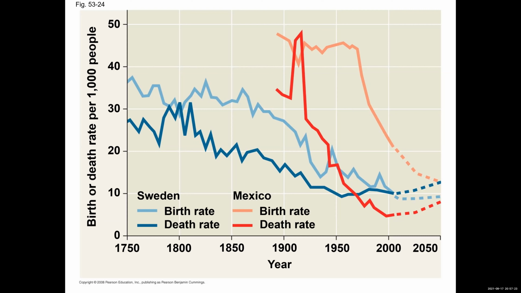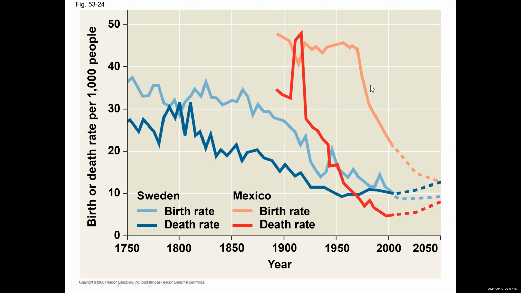It has changed in the US too. It was really common for families to have 5, 6 kids in my mom's generation, not so much anymore. So we do see these changes happening, and it doesn't take a very strict enforced government program necessarily to cause those changes to happen.